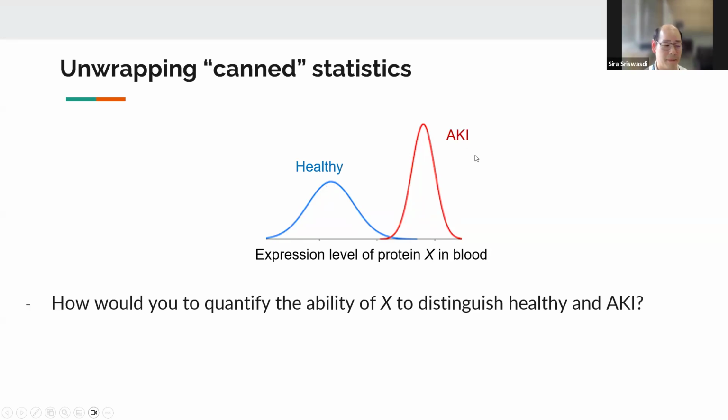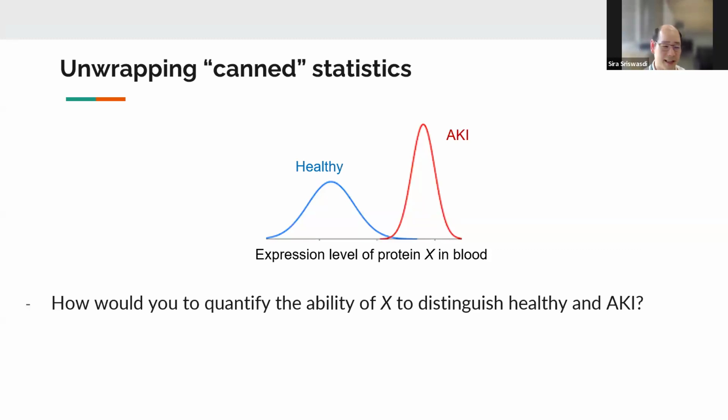And we can plot the histogram. Right? This is a histogram for the expression of protein X in the blood. And we want to quantify, we want to calculate, we want to be computational. We want to know if this protein X is good at distinguishing AKI patients from healthy controls.